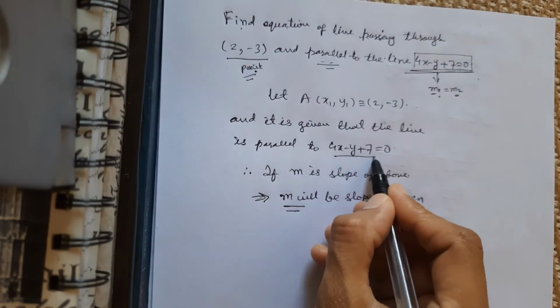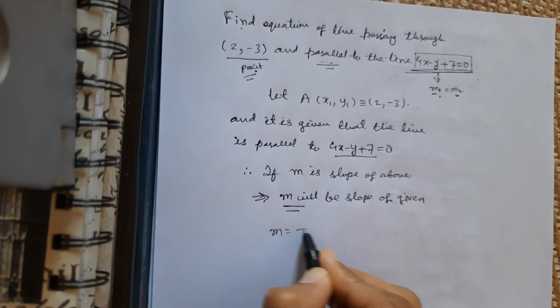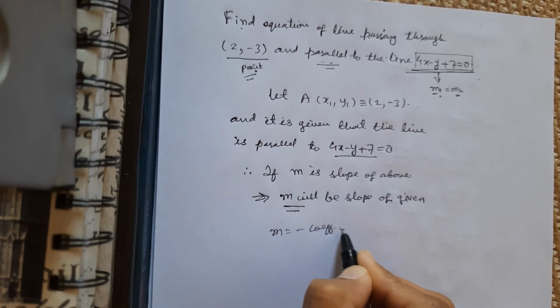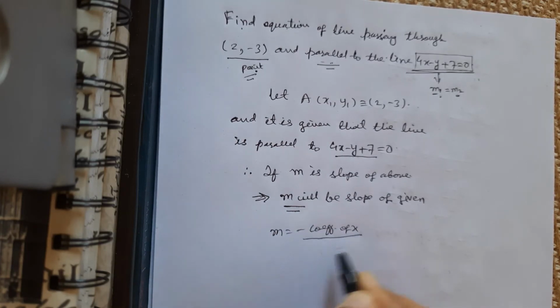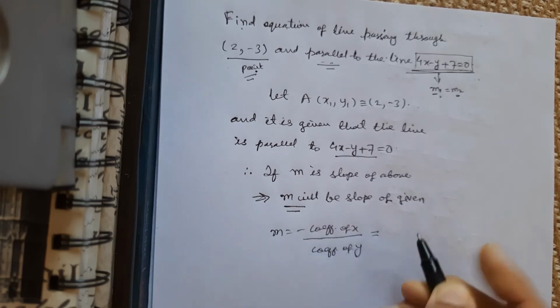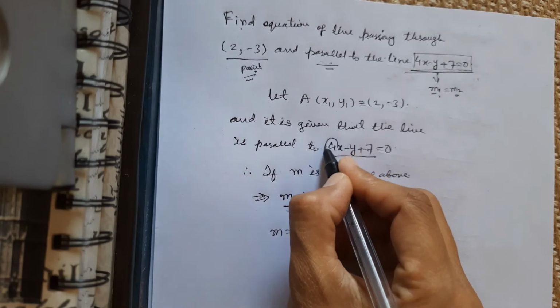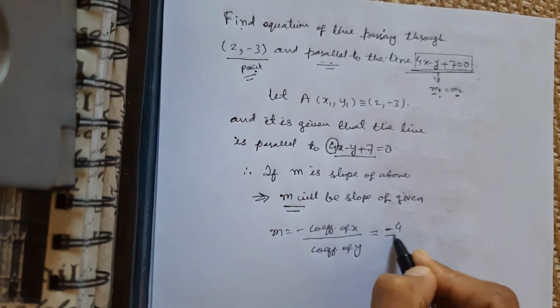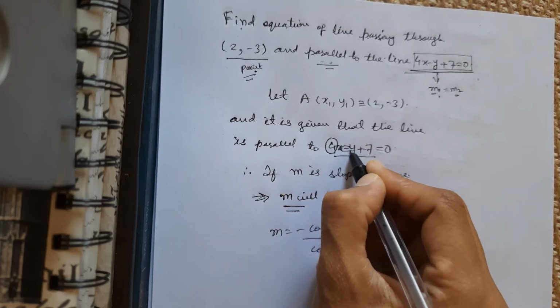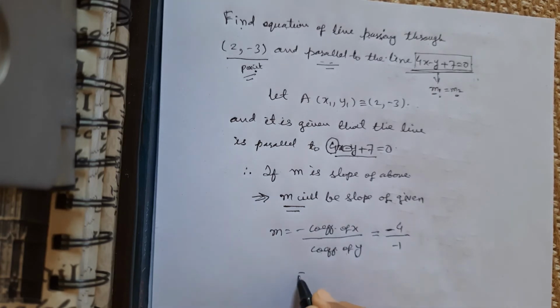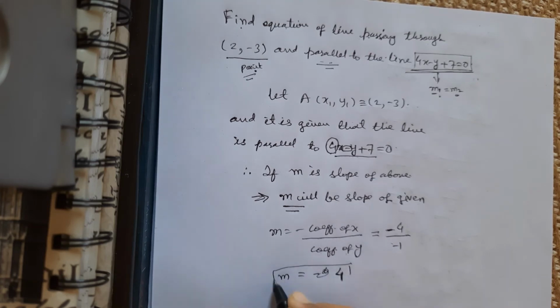So the slope of this line m will be equal to minus coefficient of x upon coefficient of y, which is equal to minus, what is the coefficient of x? 4 upon the coefficient of y, which is minus 1. So m equal to minus, cancel, so m equal to 4.